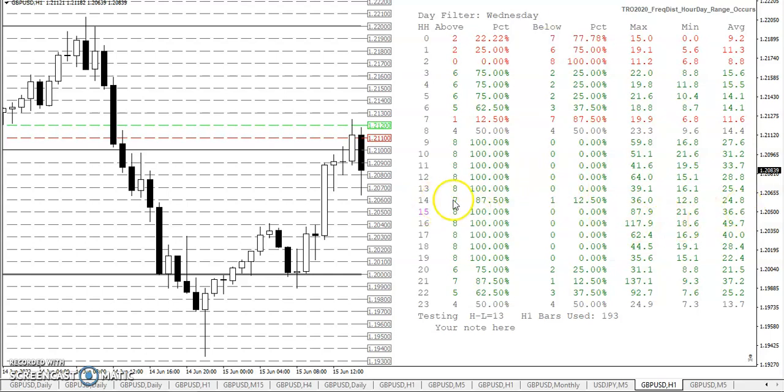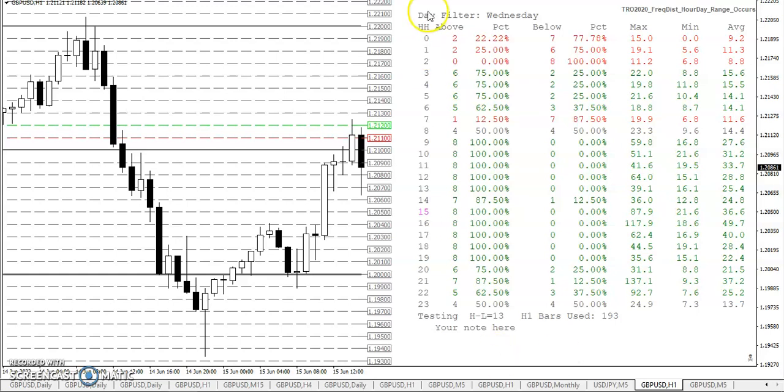But here on hour 14, we actually had 1 hour that was less than 13. We had a 12.8. That was the minimum. So just under. I hope that answers the questions about the frequency distribution hour day range occurs.